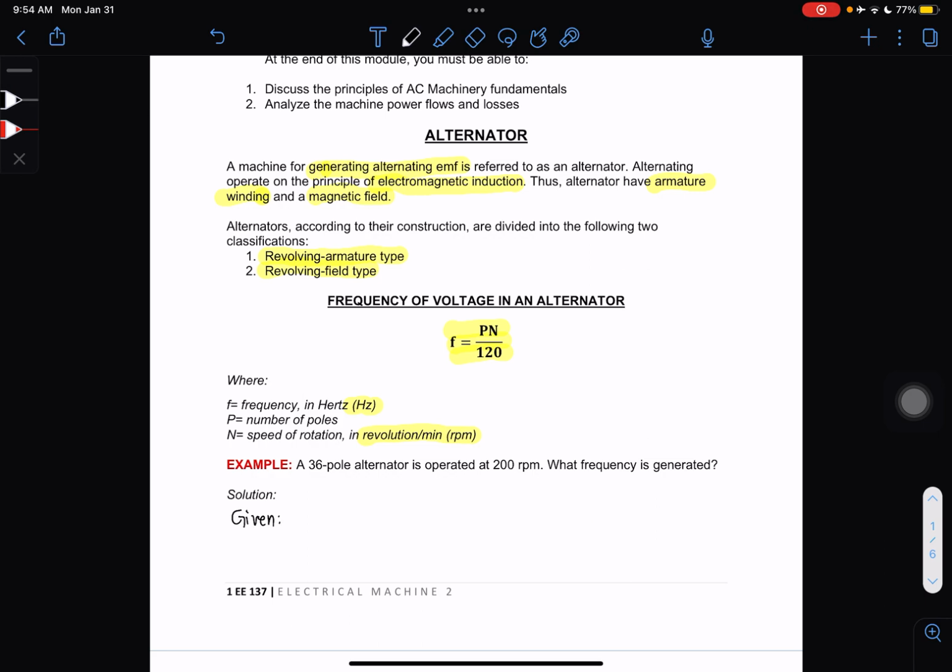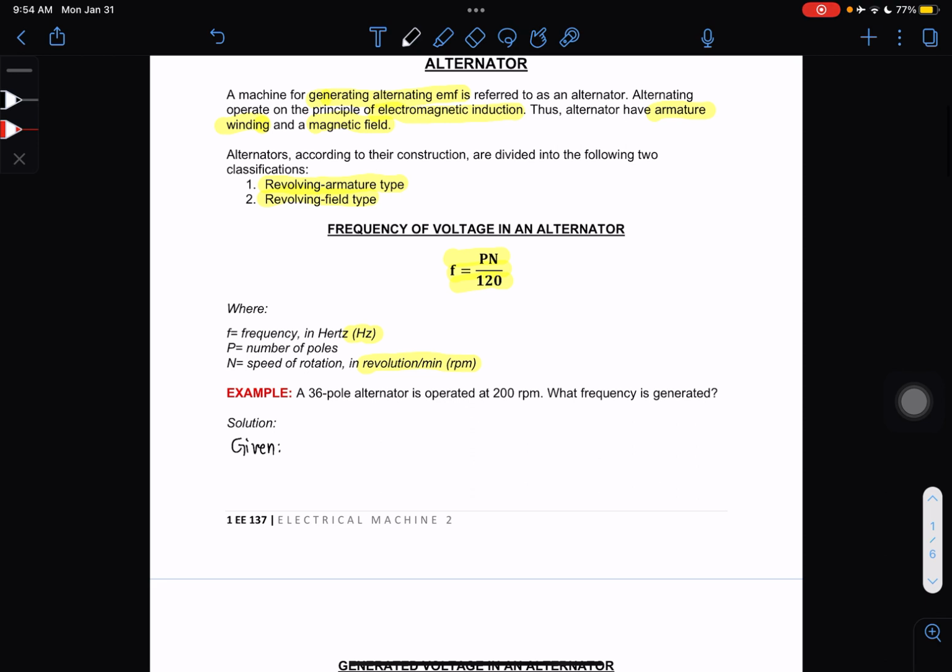So the given is P, which is 36 poles, and we also have N, the speed of rotation, which is 200 RPM.